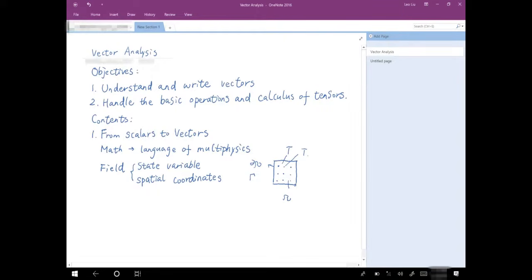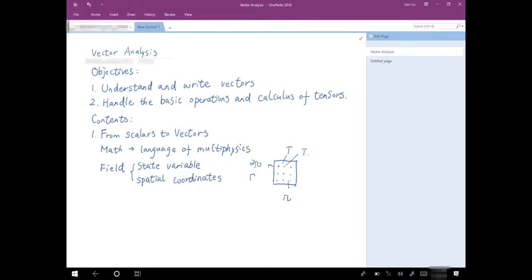And this is the definition. For the state variables, the reason that we want to discuss vectors and tensors is that in the example I just gave, the state variable T needs just one value to represent it at one point, right?